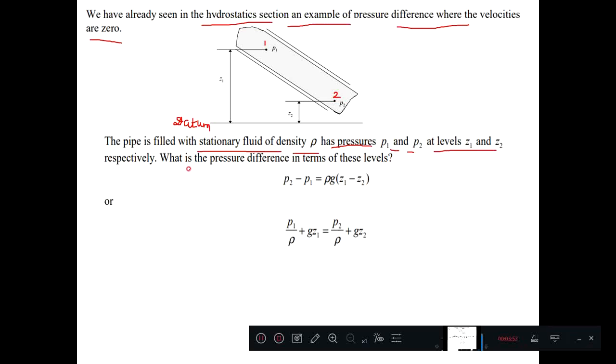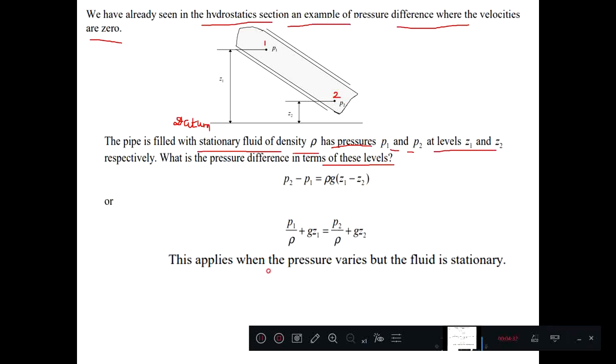Then we can say P2 minus P1 is equal to rho into g into bracket Z1 minus Z2. Or else, P1 by rho plus g Z1 is equal to P2 by rho plus g Z2. Just rearrange the terms here.